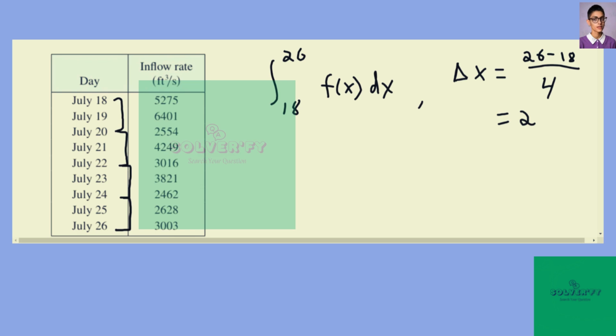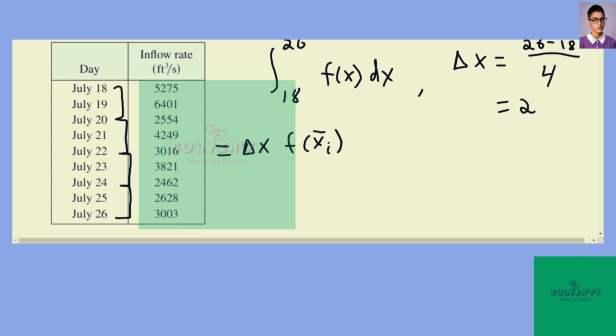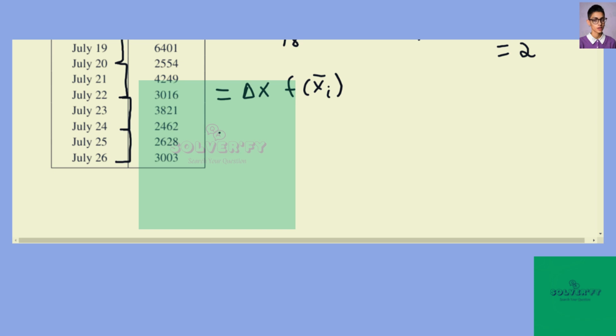Then we can write this out as the change in x multiplied by the function of x sub i midpoint. That can be written as 2 times the sum of the function values at the midpoints of each interval.